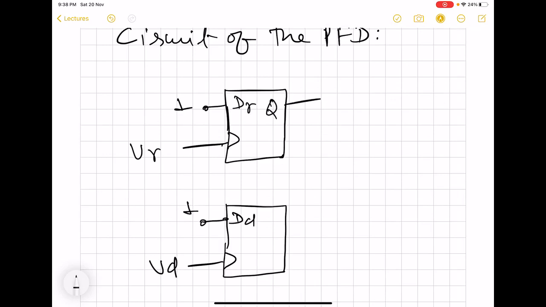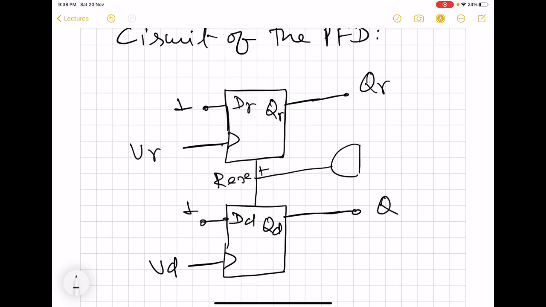And we take these outputs. And we have an AND gate, which is used to reset these two flip-flops. So this is QR and this is QD. This is one of the implementations of PFD.